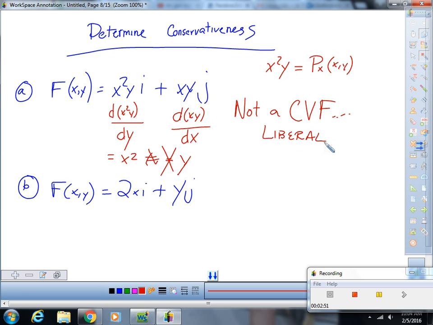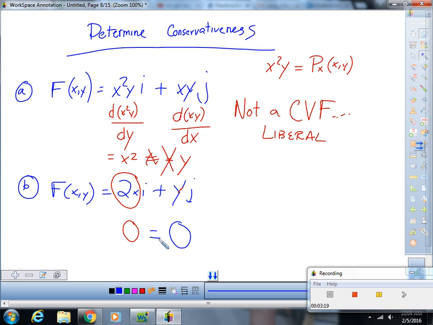Okay? What's the derivative of 2x with respect to y? 0. And what's the derivative of y with respect to x? That's a j, by the way. Are those equal?